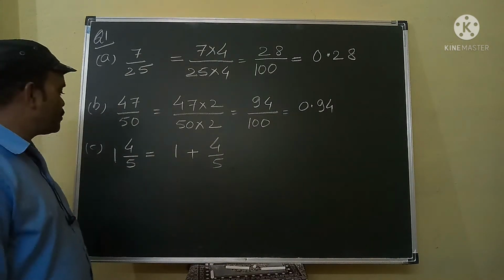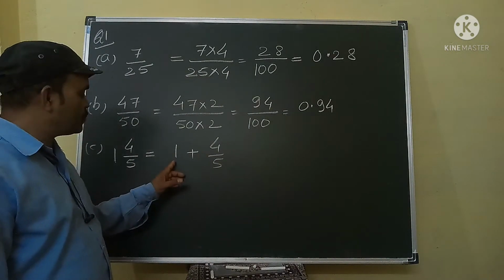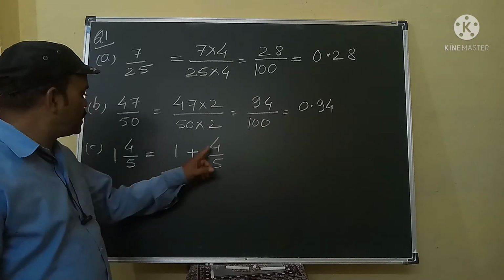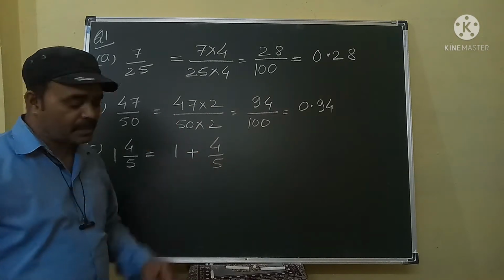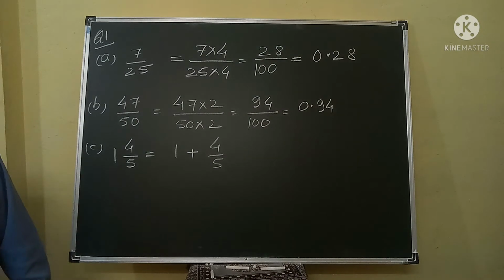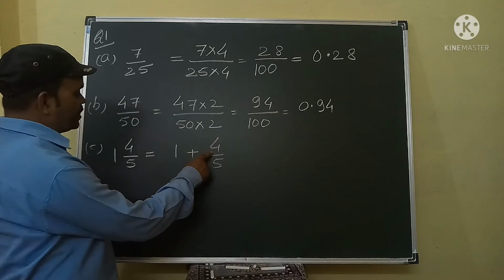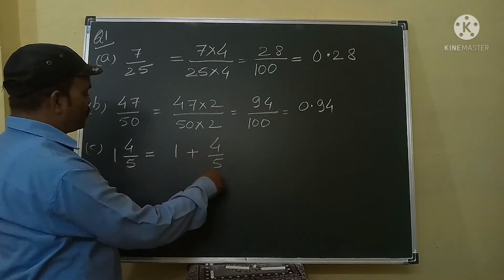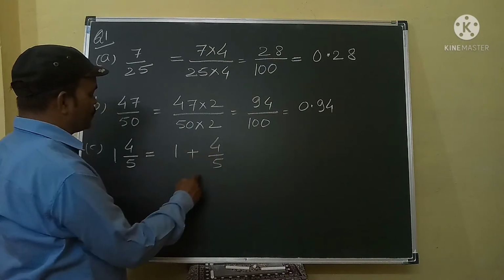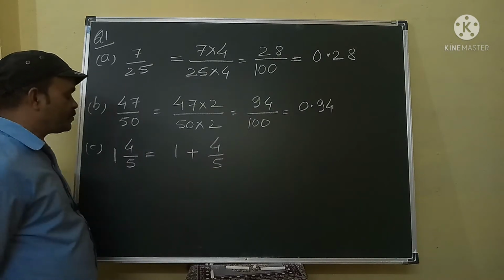This 1 is a whole number, and 4 upon 5 is a proper fraction. In 4 upon 5, the numerator is 4 and the denominator is 5.